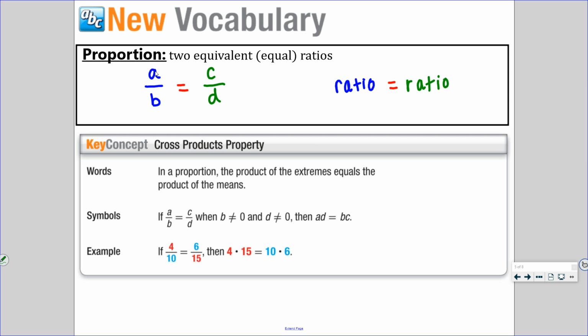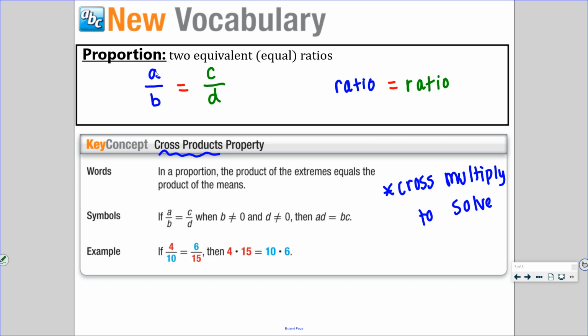These proportions are when we cross multiply. Okay, that's kind of what this is saying right here. It's kind of worded weirdly, but cross multiply to solve these. We'll do some examples in a second. And that's what we're basically showing you right here.